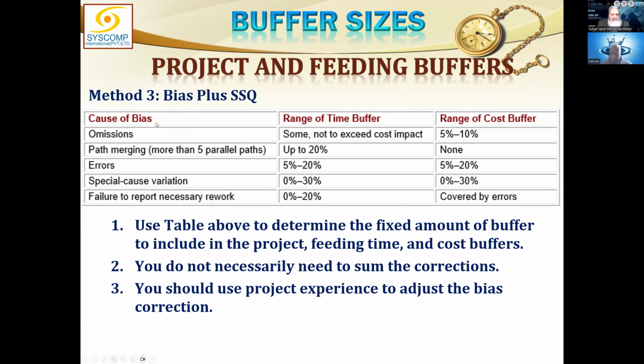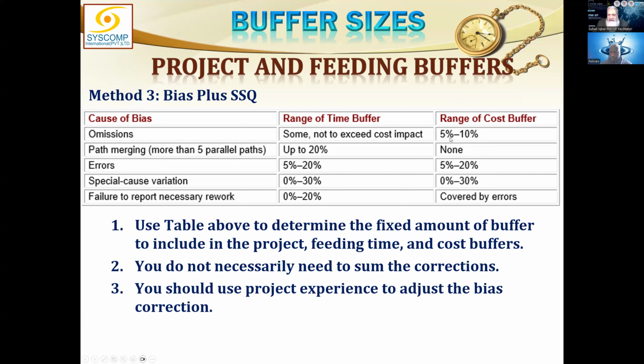Causes of biases, for example, when we are using bias plus SSQ. Omissions: we have forgotten to do something, some error. The range of time buffer should be kept not to exceed the cost impact. You can't keep a huge time buffer if the cost impact is not great.